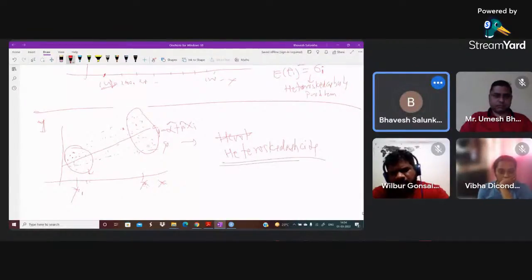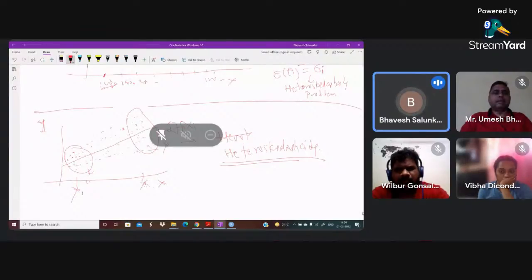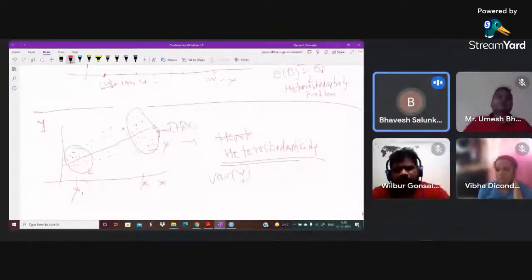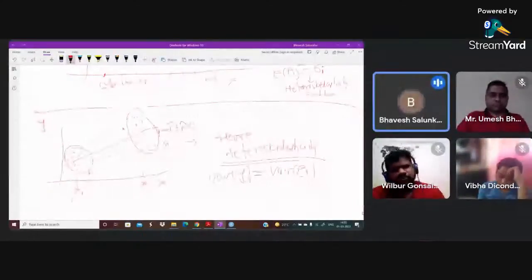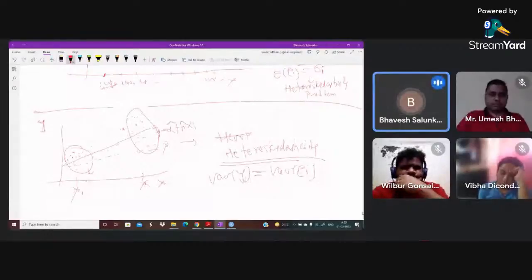Okay. Now you will wonder that it is Y whose variance is actually different, but remember that the variance of Y is actually the variance of ei. I'm not going to go into details of this. Just assume this equality holds, and I will ask you to refer to a few books to read and understand this. Just assume that the variance of Y is actually the variance of ei.